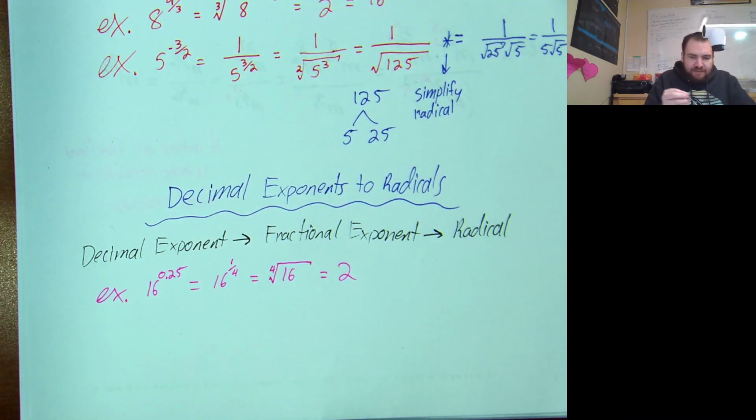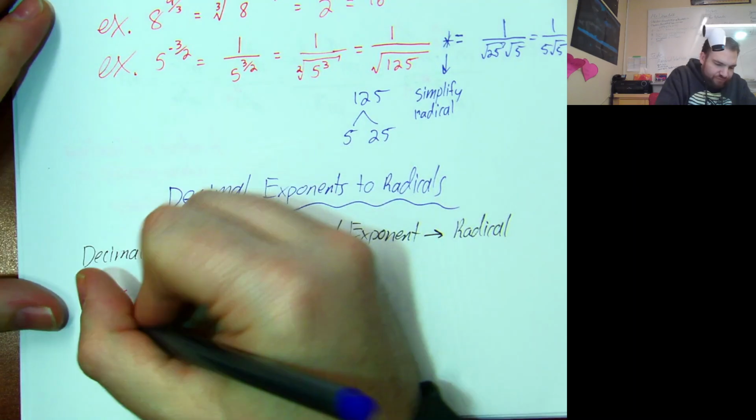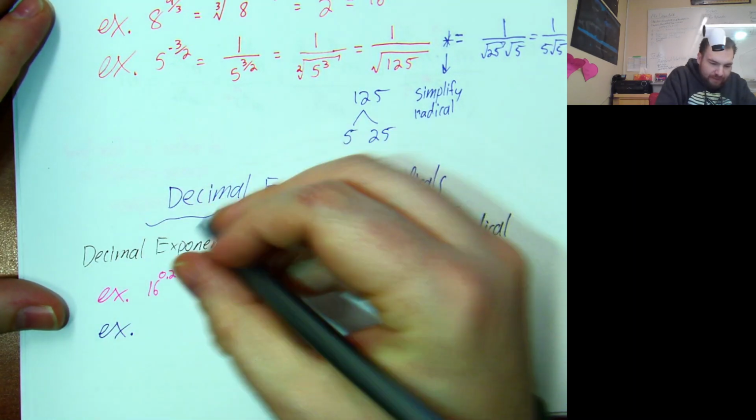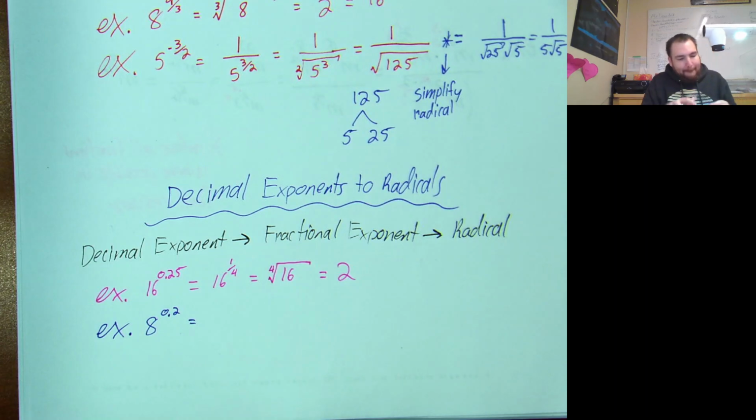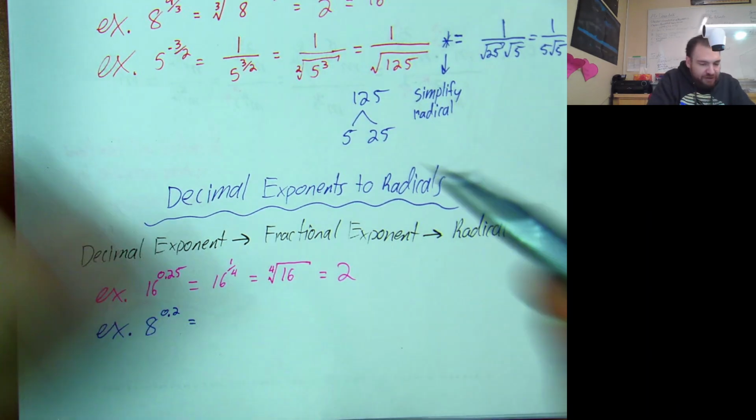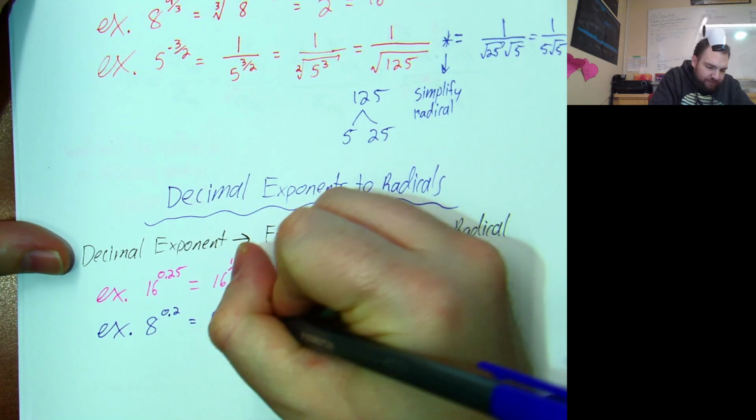I want 8 to the 0.2. Someone else. Rebecca. 0.2 is 1 over 5. Good. So it's going to become 8 to the 1/5.